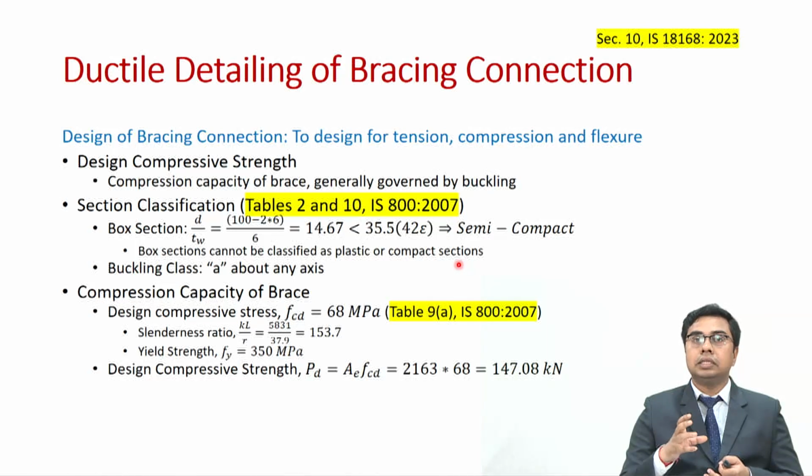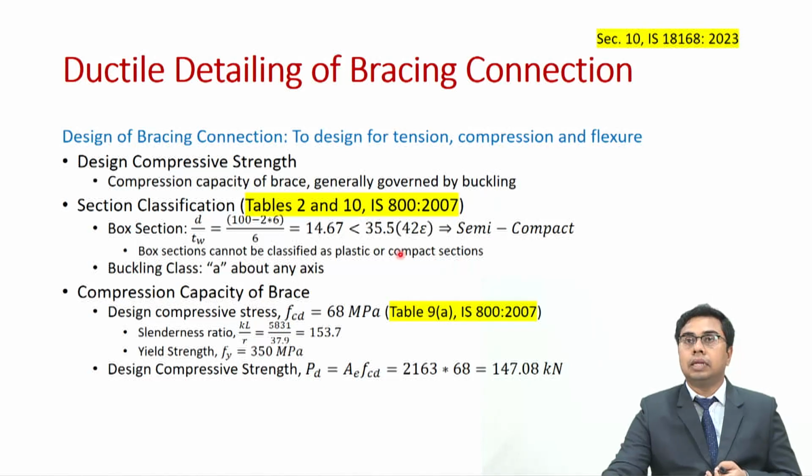Now tubular sections are prone to local buckling, and therefore we do not assign plastic or compact tags to these box sections. Further, based on table 10 of IS 800 2007, this very box section, that is 100 by 100 by 6, has been classified to have buckling class A about any axis.